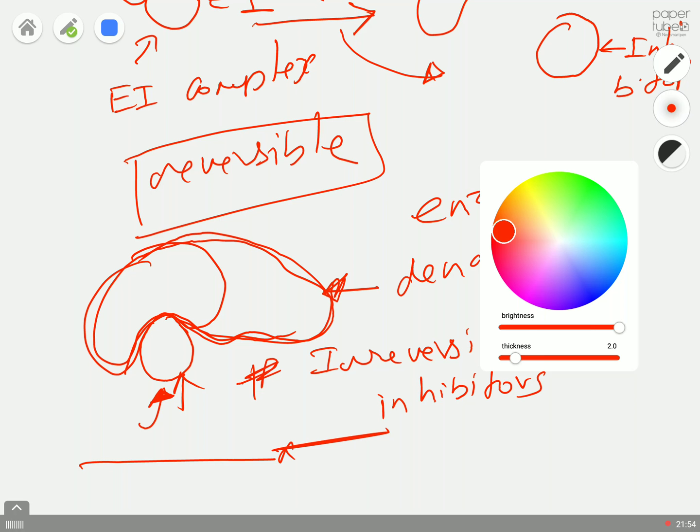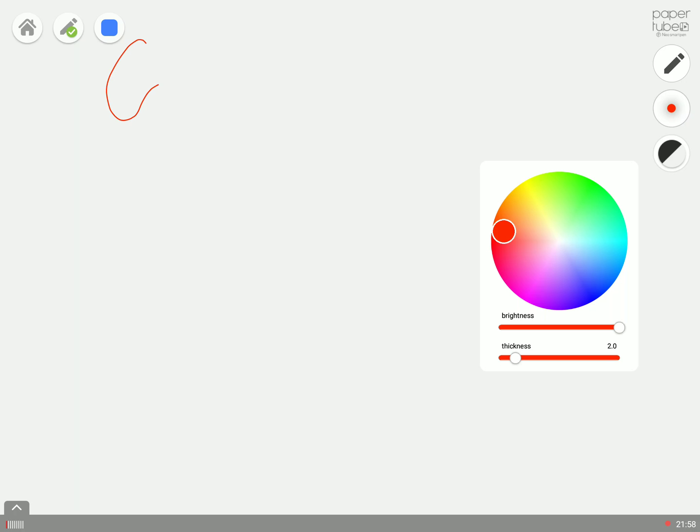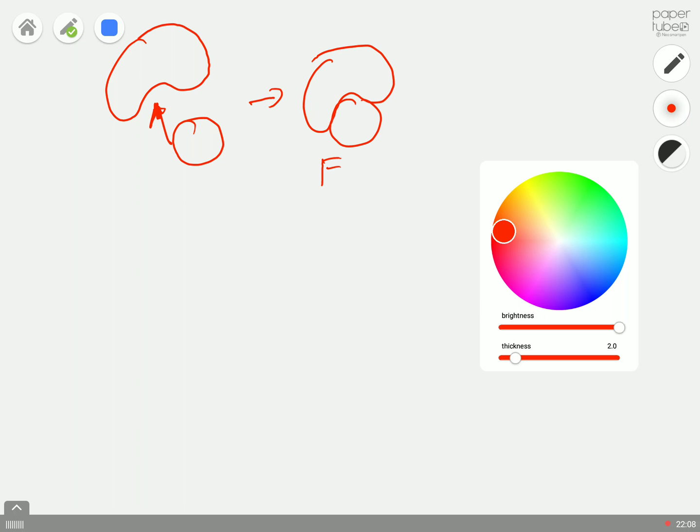I said you have an enzyme and you have an inhibitor. It can go and bind to this enzyme, forming an enzyme inhibitor complex.